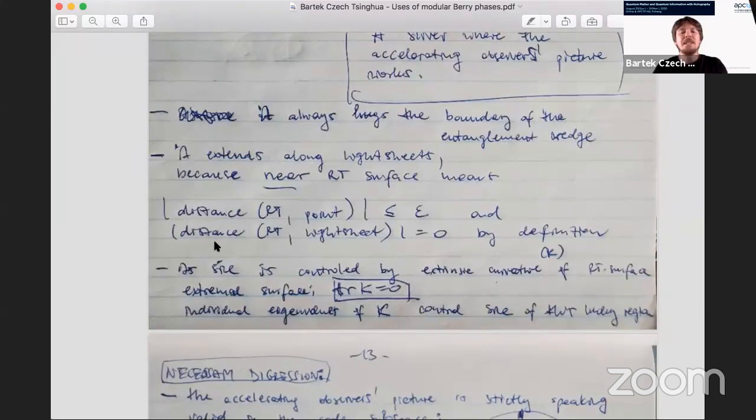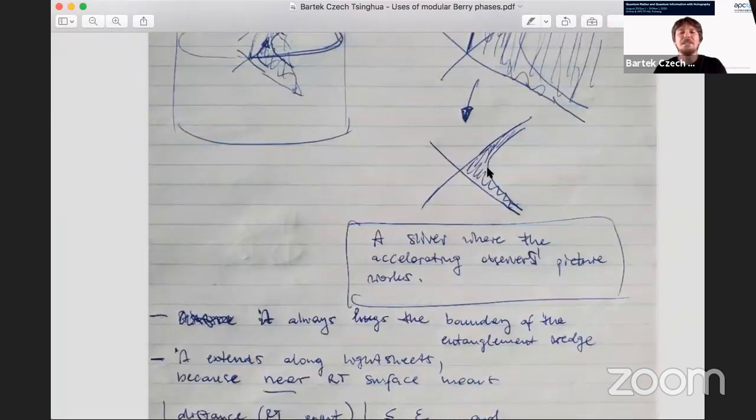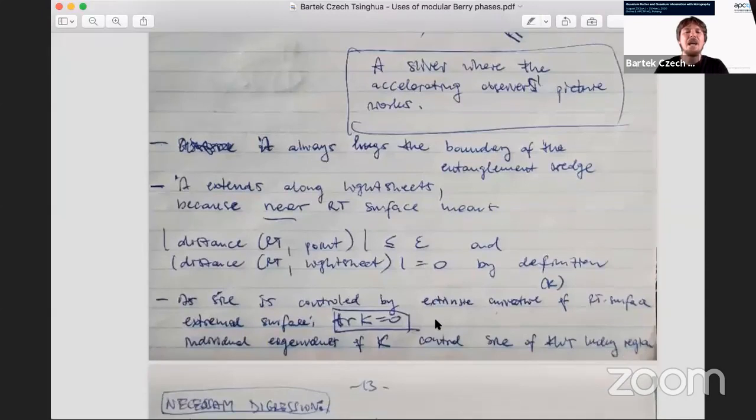And you can say, well, what is the size of this region? What controls the invariant distance between any point here and the point on the RT surface? And the answer is that in higher dimensions, what controls it are the eigenvalues of the extrinsic curvature tensor for the extremal surface.